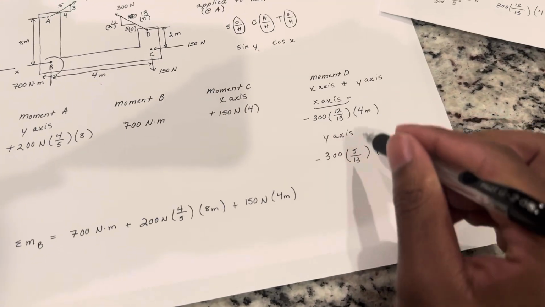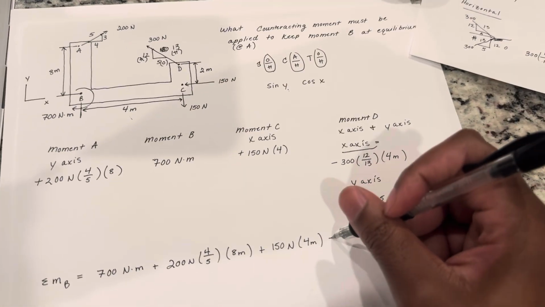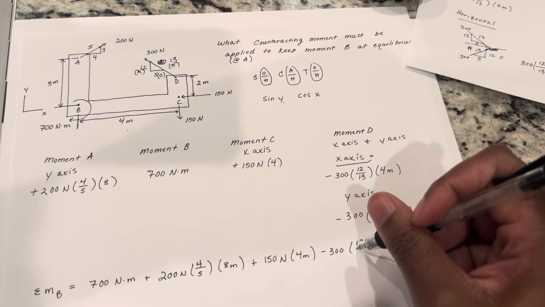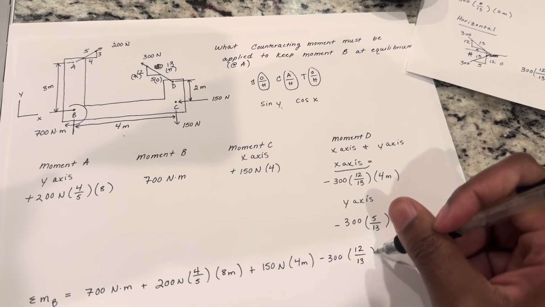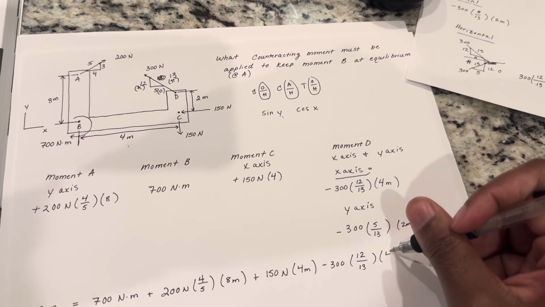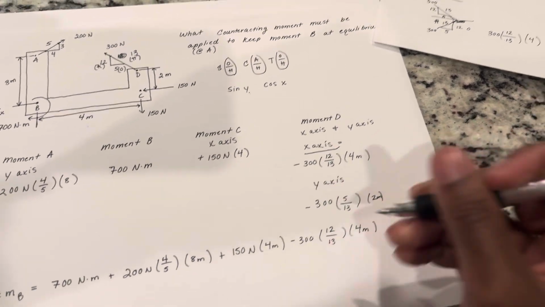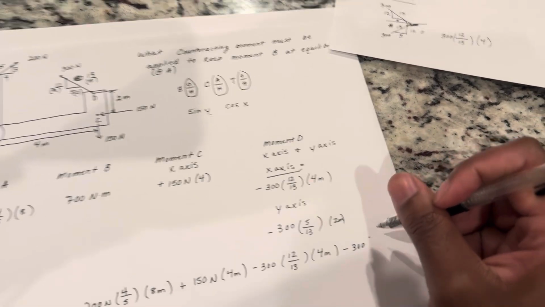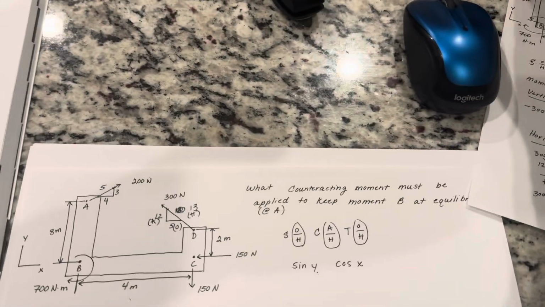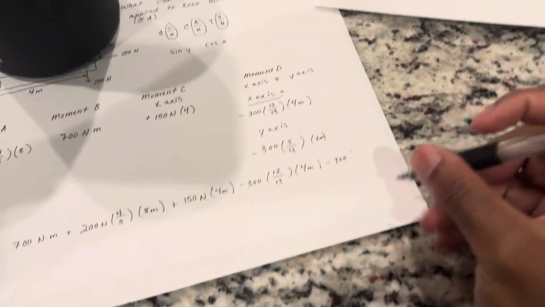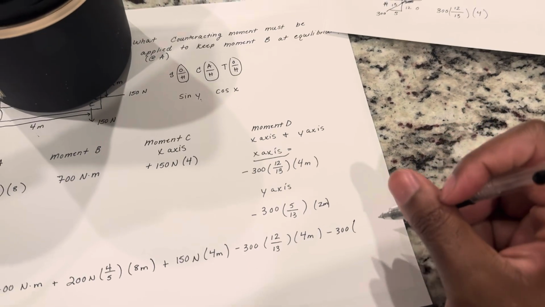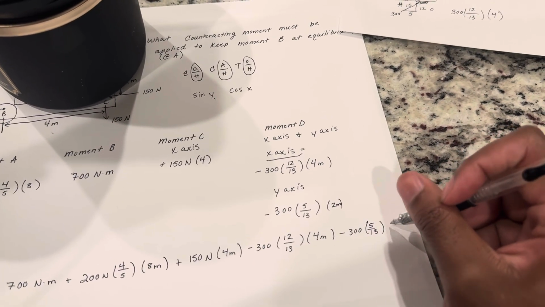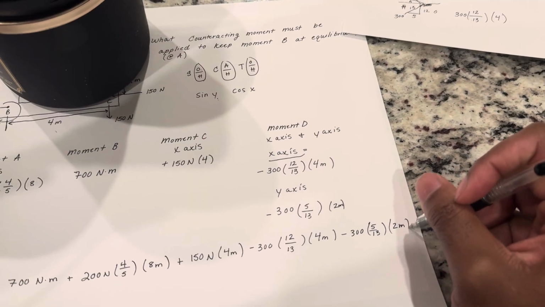And then we have our two components from moment D, -300, 12/13, with a distance of 4 meters, and another -300, and that was 5/13 with a distance of 2 meters.